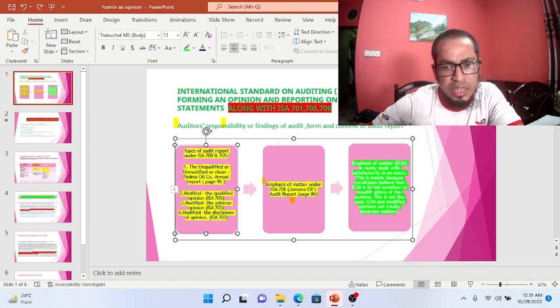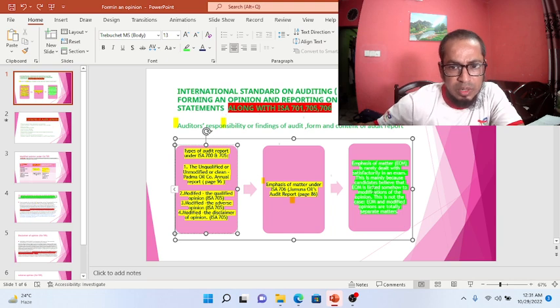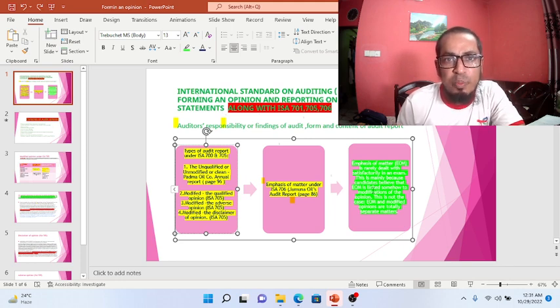This is a kind of emphasis in which the auditor gives emphasis on a special note of the financial statements signed by the company's management. So this should be separated and should not be mixed up with qualification or modification.